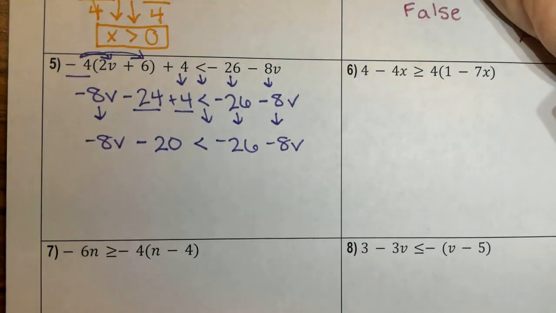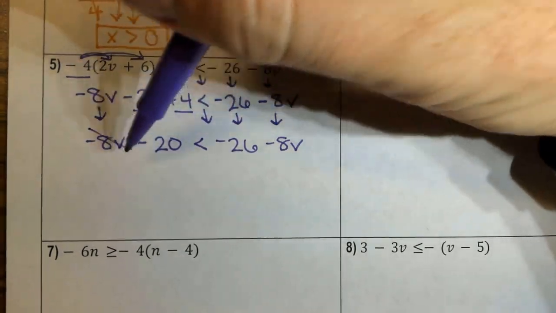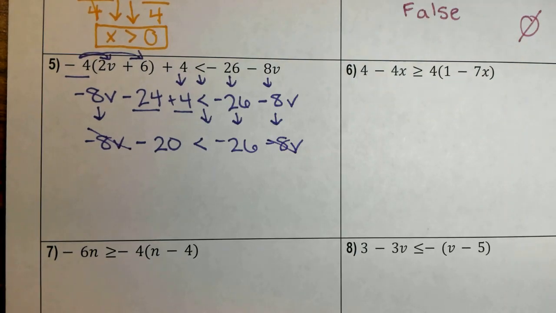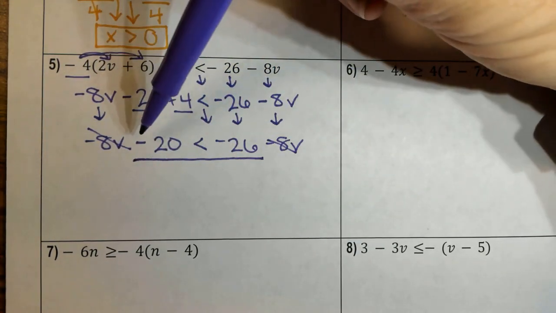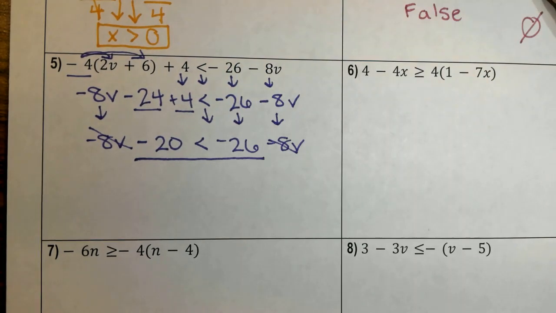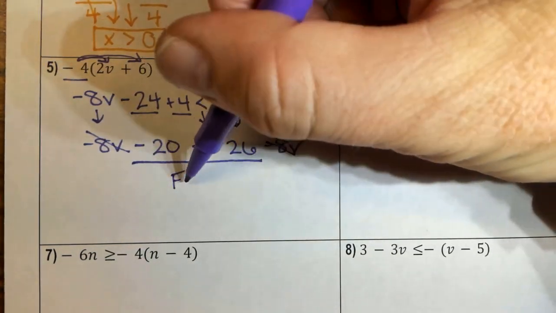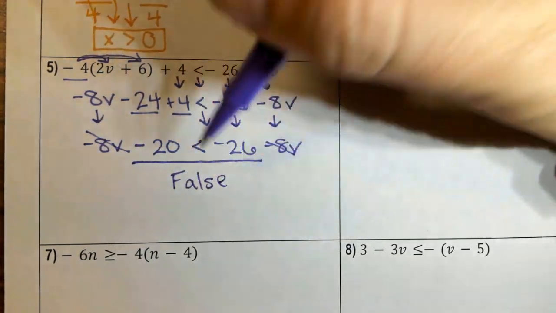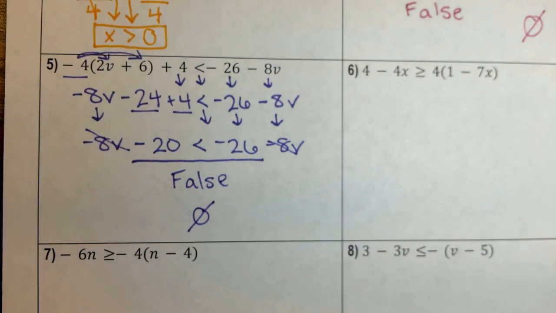Okay, now, normally I would move the smallest v, but because they're the exact same number, I can cross them out. So now I want to look at this inequality right here. -20 is less than -26. Is that true or false? Okay, well that's false. -20 is actually greater than. So my answer is no solution.